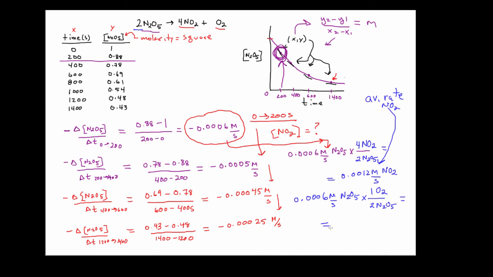So the average rate of production of the oxygen is going to be 0.0003 molarity per second, and I'll label it O2. So this is the average rate of O2 for the time interval from 0 to 200 seconds. And this guy here was the time interval 0 to 200 seconds.